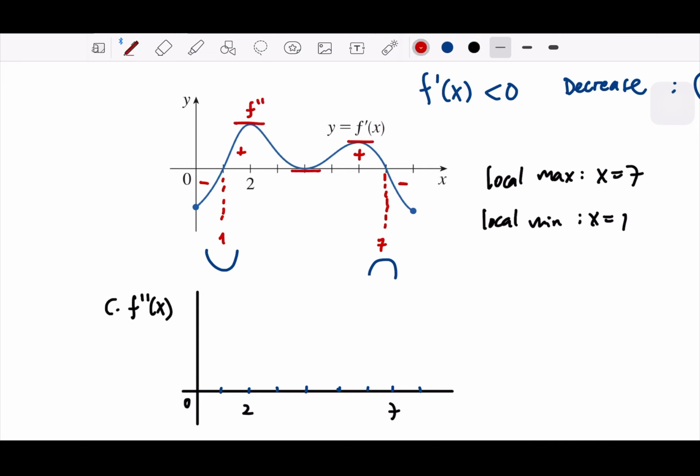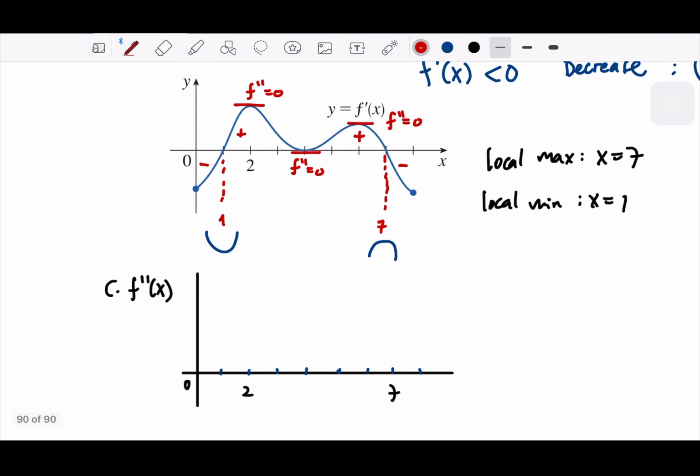You can write that this is going to be 0. That means when we graph this, at 2, then 4, and also 6, the curve will be crossing, right? Crossing.